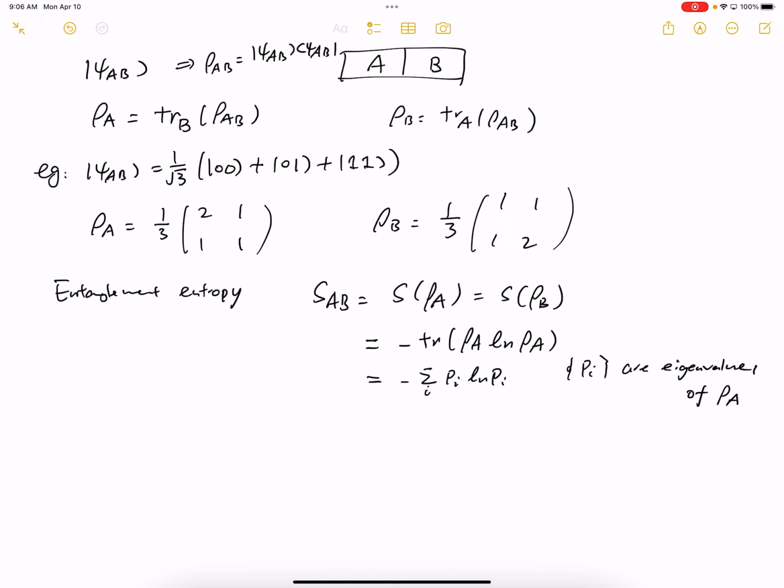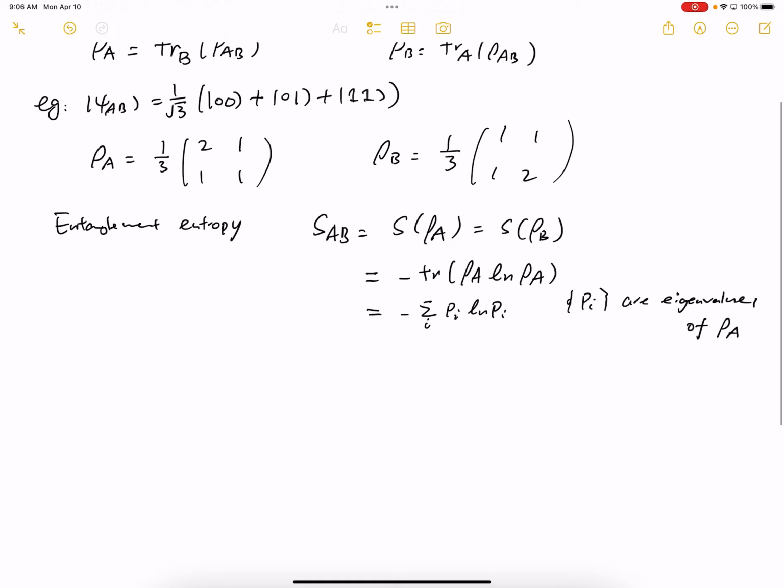This is because all the p_i's are between 0 and 1, so the log of that is negative, which cancels with the negative sign in the definition of the entropy. This definition is very similar to the Shannon entropy in classical information theory. So that's the definition of entanglement entropy.